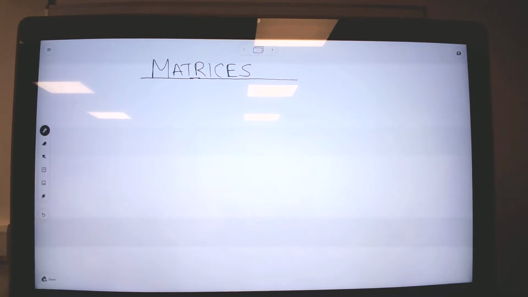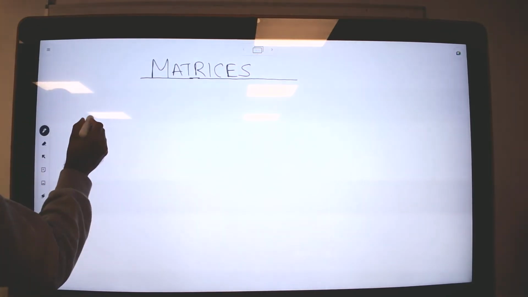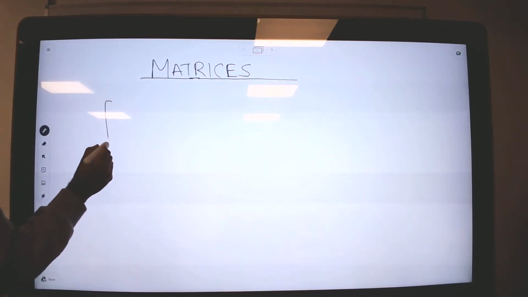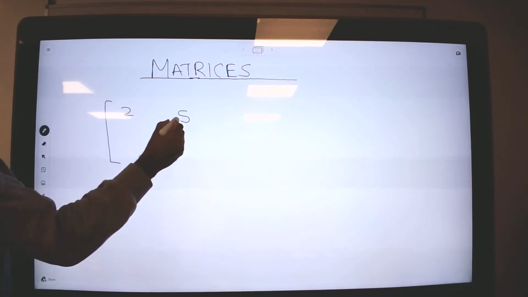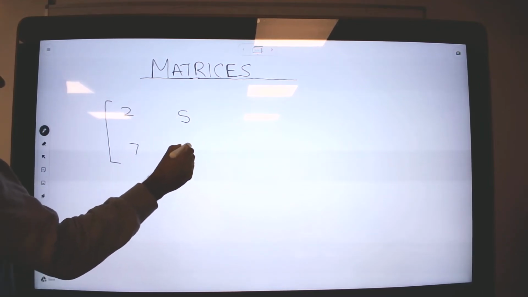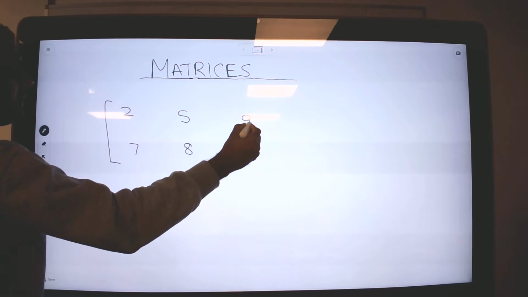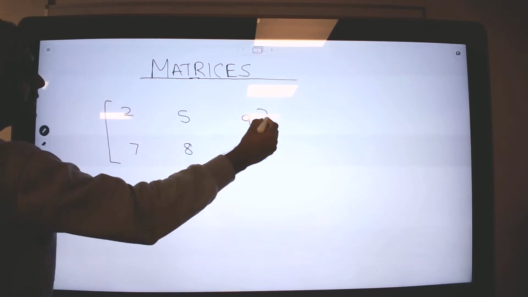The first thing is the matrices. When we discuss matrices, they are written in a specific order. For example, let's say it's 2, 5, 7, 8, and let's put 9 and 10.